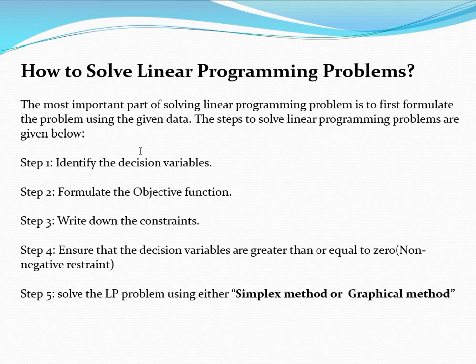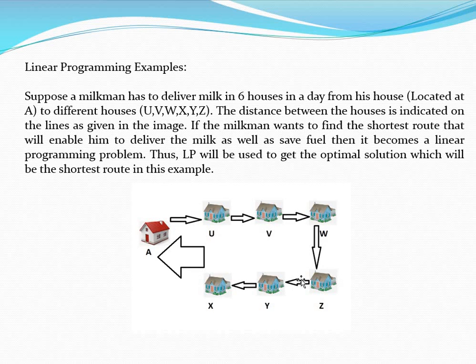So this is the step-by-step procedure to solve a linear programming problem. Step 1, we will identify the decision variables. So in our previous example, the decision variables will be, what we can say, the fuel and the distance and time.